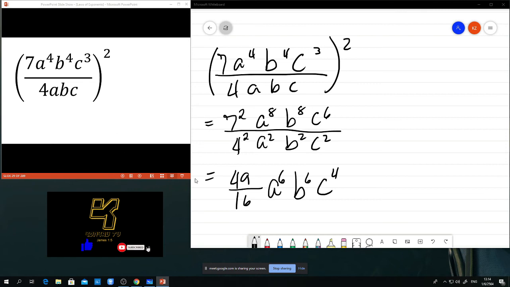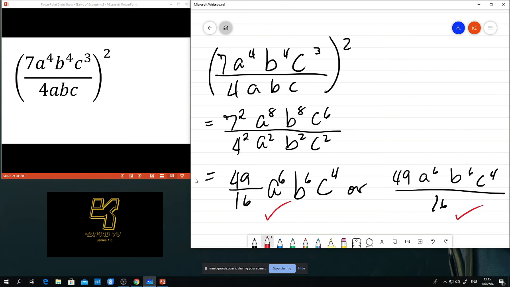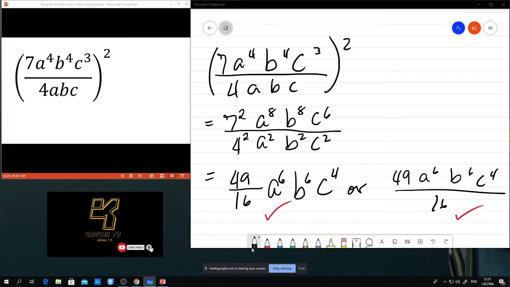Or, once again, you can write it also like this. a to the power of 6, b to the power of 6, c to the power of 4, all over 16. Both of these are correct. So don't panic. Both of these are correct.